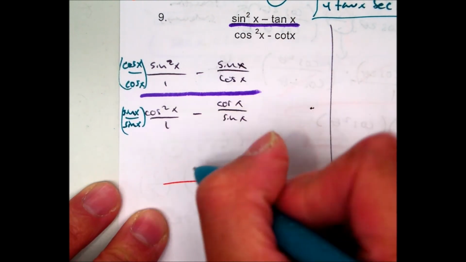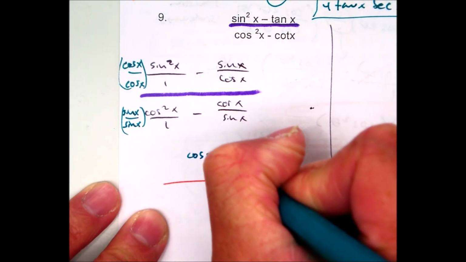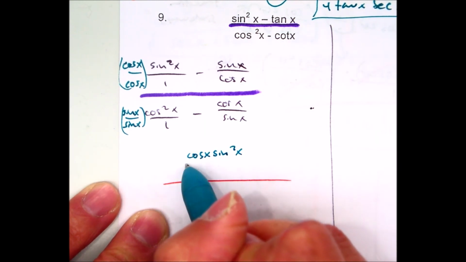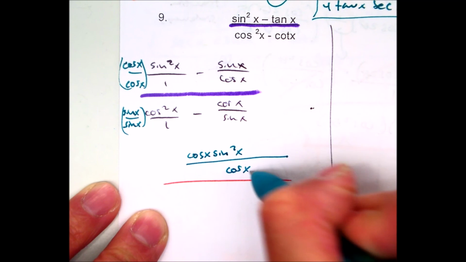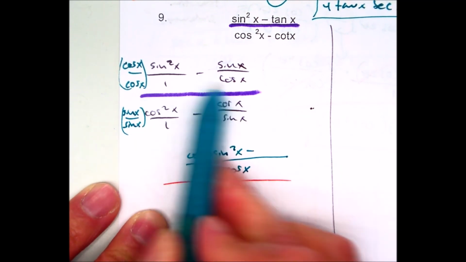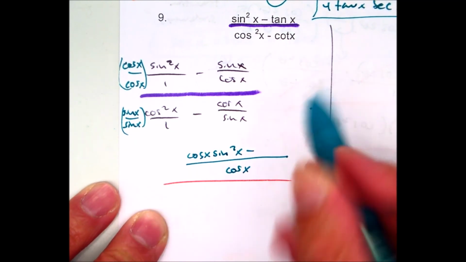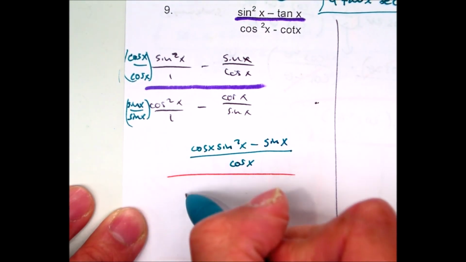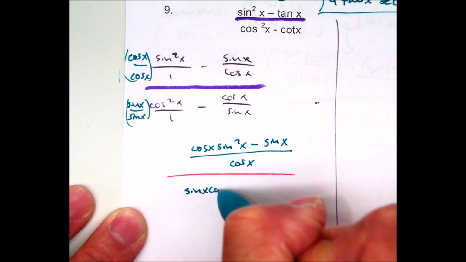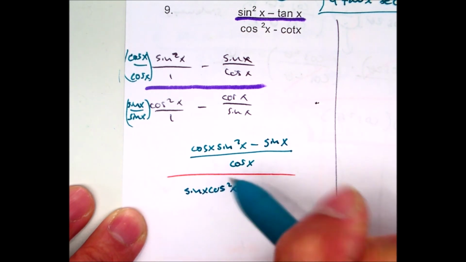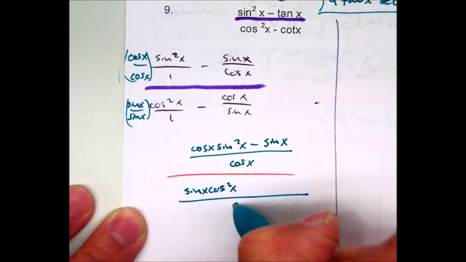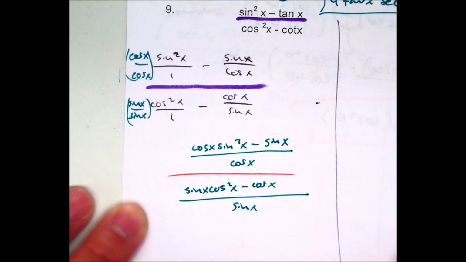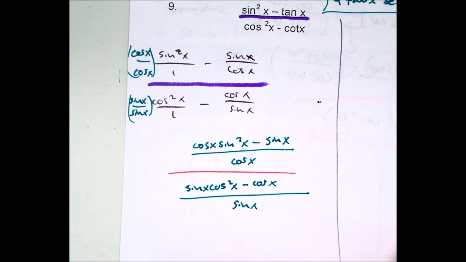It gives me a cosine x sine squared x. Now that I have cosine, I'm just going to put two steps in one because they're going to have a common denominator. I can subtract those, minus sine x. And then down here, I'm going to have sine x cosine squared x all over sine of x, minus cosine x.